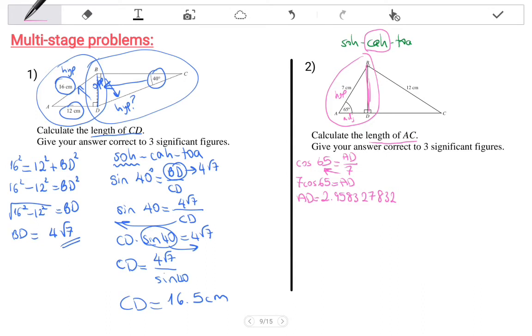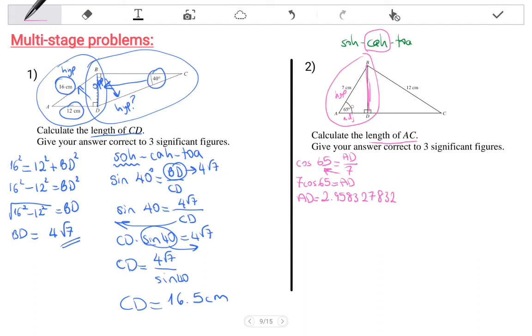That's why I'm going to get the value of BD from the triangle ABD. So again, I'm going to use trigonometry. You can also find it by Pythagoras theorem, because now you have the values of two sides, and this is going to be the third one. But our topic is trigonometry, that's why I choose to find it by using trigonometry.